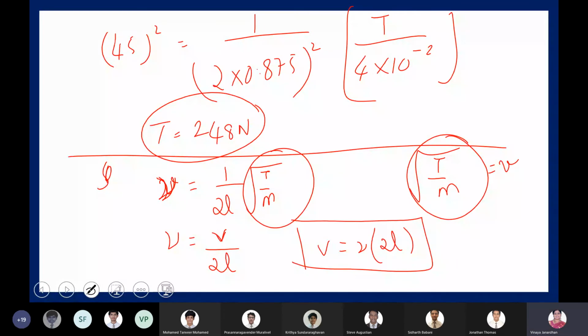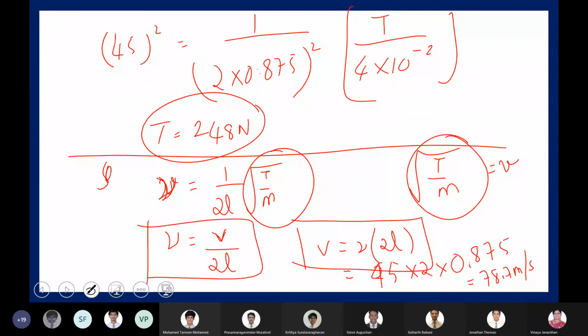Nu is your 45 hertz into 2 into the length of the wire, which is 0.875 meters. Just 78.75 meters per second. Complete this, boys.